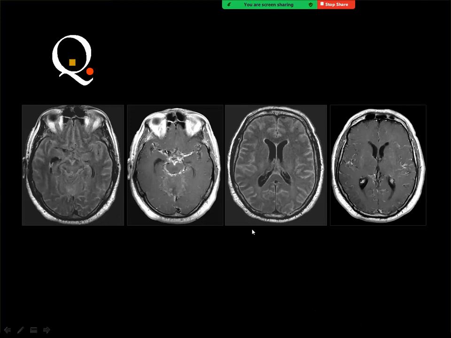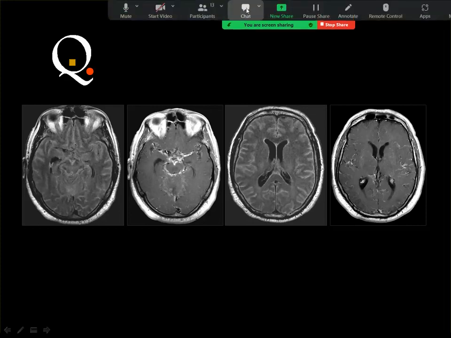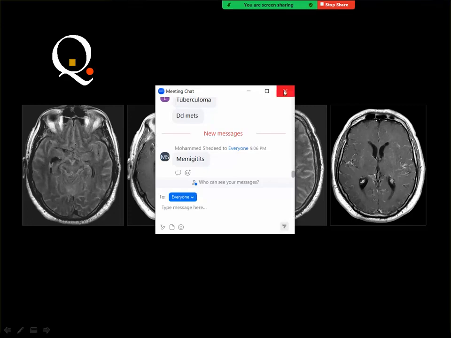And then the next case is a series of brain studies, including the FLAIR images and the T1 post contrast. This is FLAIR and T1, and this is FLAIR and T1 with contrast. Yes, the answer is right.